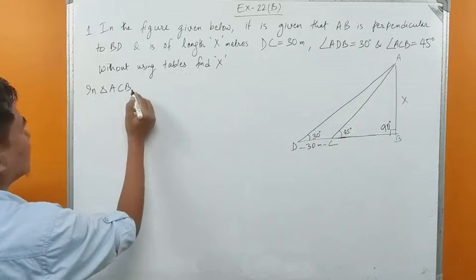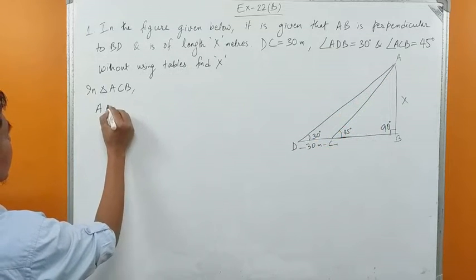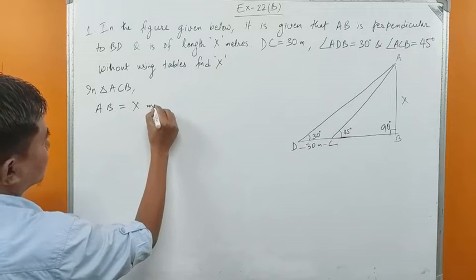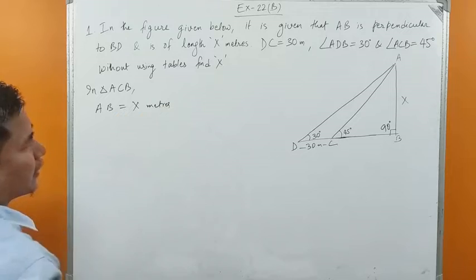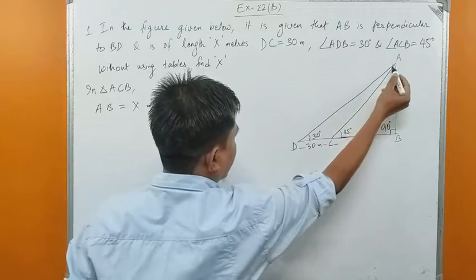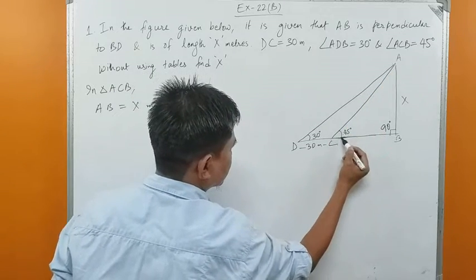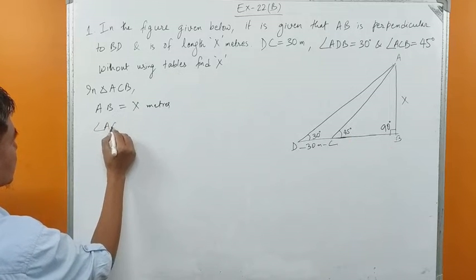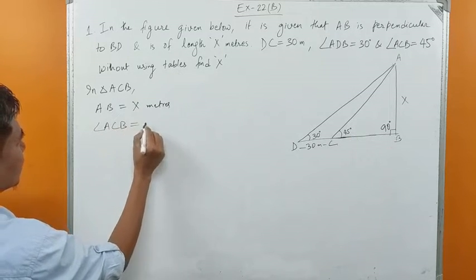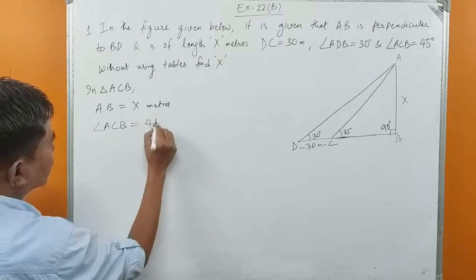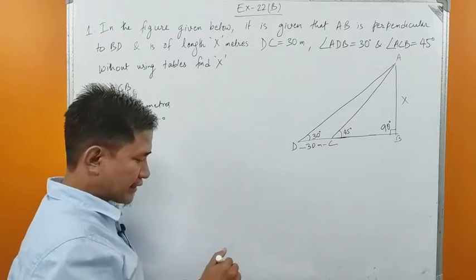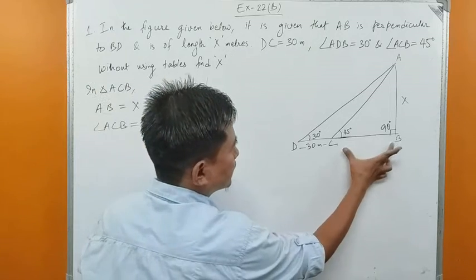In this triangle we have AB equals x meters, and angle ACB, with C in the middle, means angle C equals 45 degrees. This is given to us. So using tan theta we can find BC, isn't it?